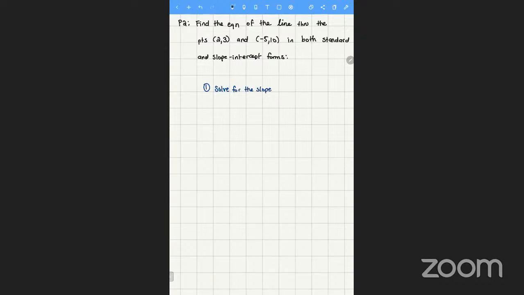You use both points to solve for slope: y2 minus y1 over x2 minus x1. This is x1, y1, and this is x2, y2. The answer is -1. It's 7 over -7. So yeah, -1 is your slope.